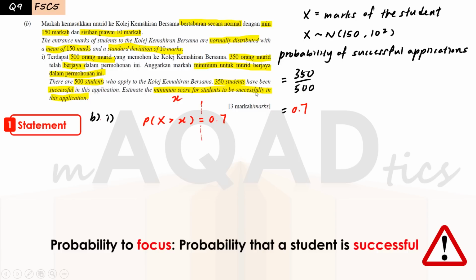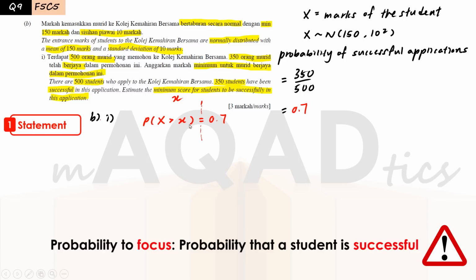So the probability that we have selected is the probability where the student is successful. For the student to be successful, the marks of the student must be greater than the minimum score. That is why on the left side we put this statement where we are finding the probability where big X is greater than small x, because we want to find the probability where the student is successful.